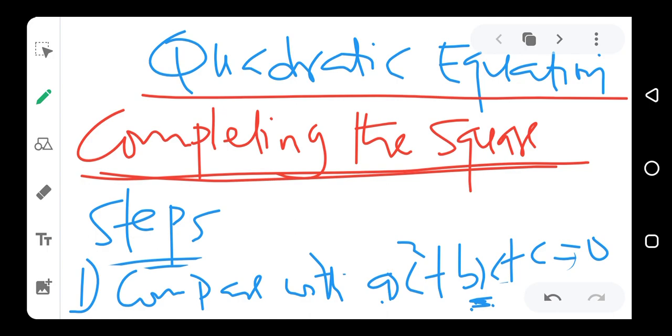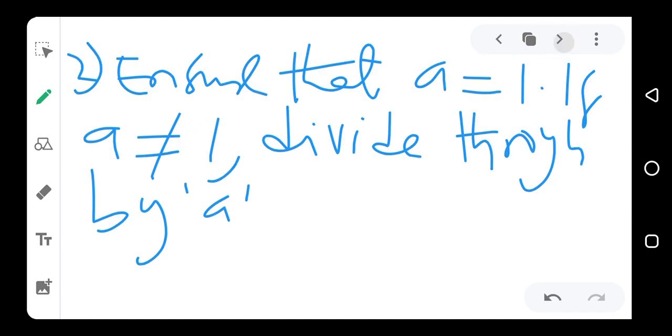Assuming we have 2x squared plus 3x plus another thing as c, then this value, which is 3x, gives b. If you have 3x, it means that the value of b is 3. If you have 4x, it means that the value of b is 4. If you have 5x, it means that the value of b is 5. So take whatever is the value of b and divide it by 2.